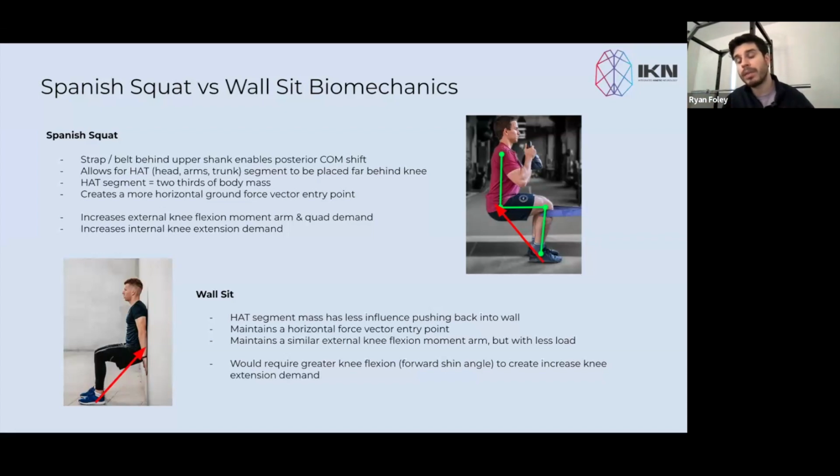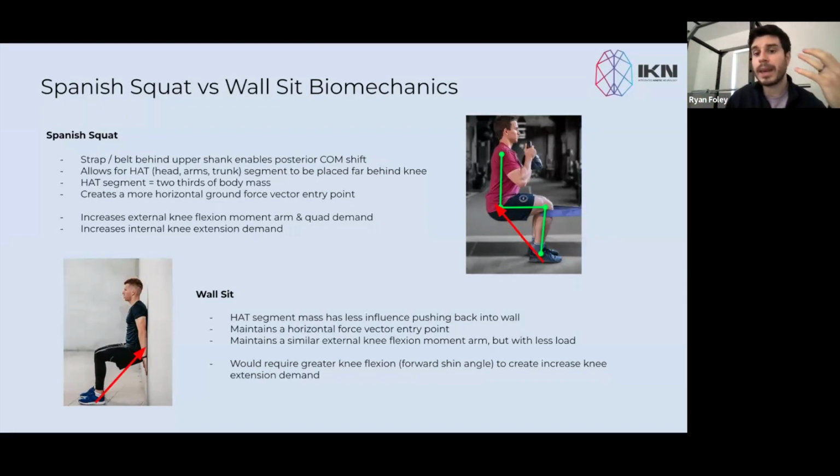And that's going to couple with the entry point of the ground reaction force that we'll explore in just a few moments. And that will all serve to increase, again, the external knee flexion moment arm, which is, again, the force that's trying to bend your knee, which means that you need to generate a greater internal knee extension moment to counteract that external moment, which is going to increase the demand on the knee extensors.